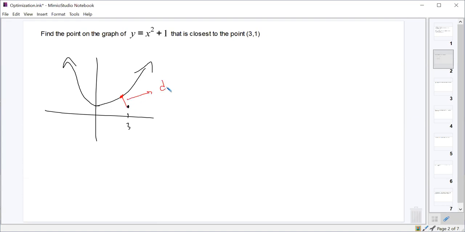And what is the distance? The distance is the square root of x2 minus x1 squared plus y2 minus y1 squared. Yeah? Everybody agrees with that? Hopefully. Okay, cool.